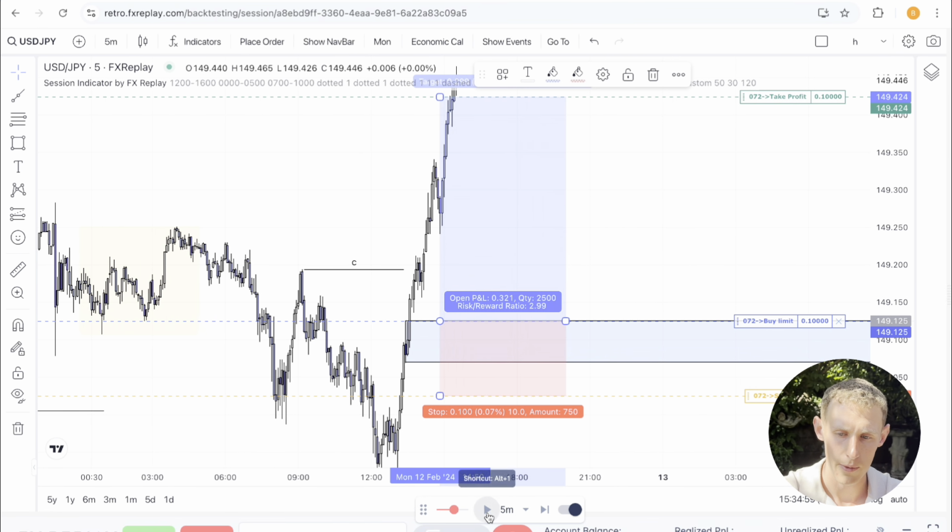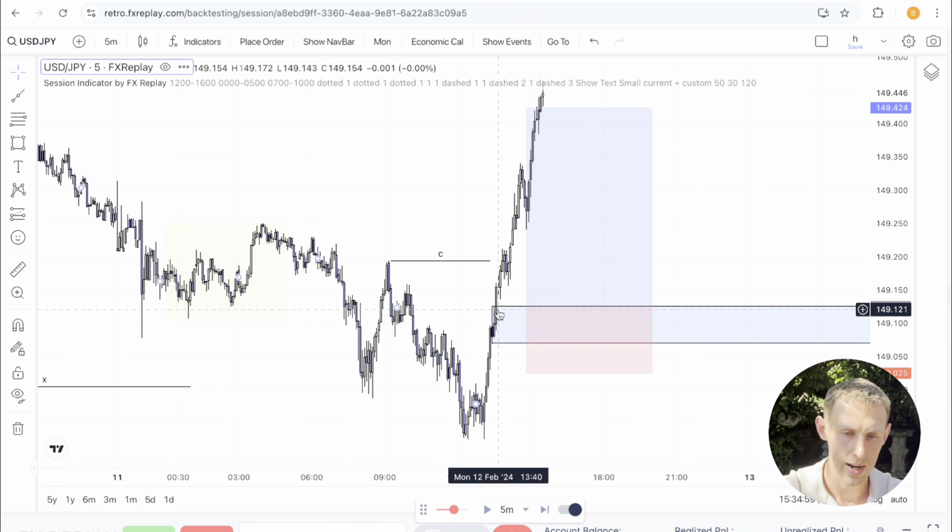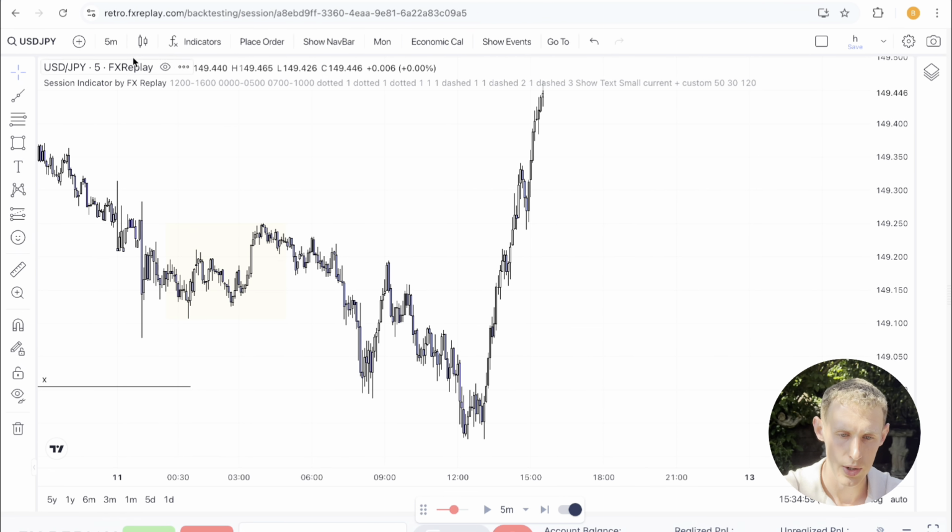Okay, nope, so price got away from us. Obviously, we want to now cancel this limit. Great analysis, just price didn't pull back for us, unfortunately.